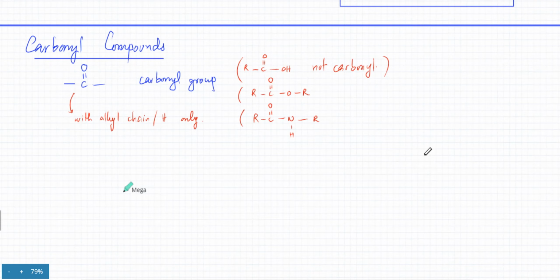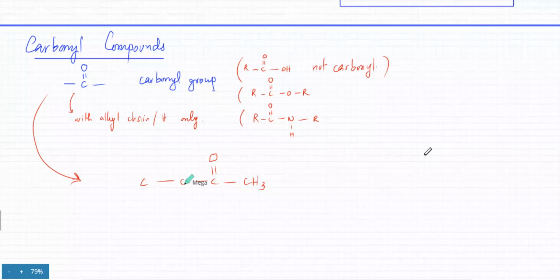So the example is, like you have carbons and there's a C double bond O somewhere. Okay, and this is going to have 3 hydrogens. This is going to have 2 hydrogens. This is going to have 3 hydrogens. So this is a carbonyl compound.